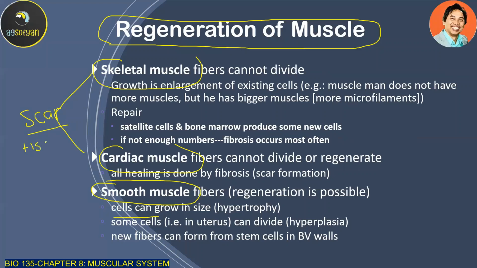It will not regenerate to make new skeletal muscle tissue or cardiac muscle tissue. So that's really important. That's the reason why when somebody's heart is broken, sometimes they need a heart transplant, because their heart is just broken. It cannot be regenerated. The same thing with the skeletal muscle. When it is broken, it becomes scar tissue.